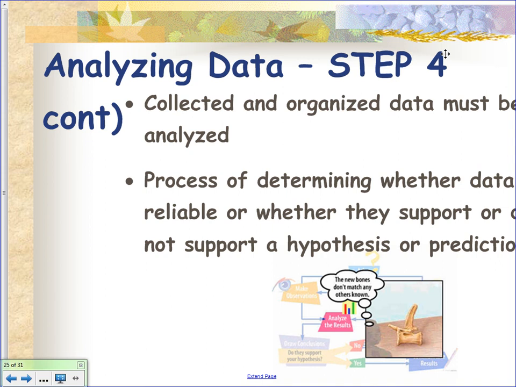So we look at the data that we have present, and we go back to our hypothesis, and we say, does the data that we collect support the hypothesis that we stated? If it does, then we can make a conclusion. If it doesn't, we can still make a conclusion. And in a lot of cases, we may have to go back and, remember, refine or even discard our hypotheses.